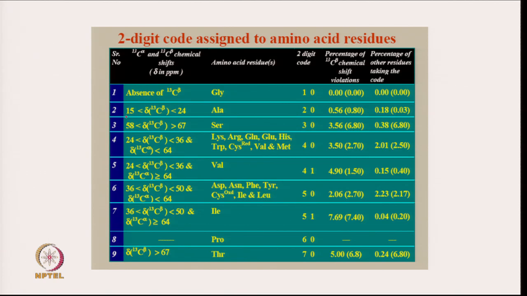These are a few facts which have been seen: the chemical shift of 13C beta varies between 15 to 24 for alanine. This C beta peak will be absent in glycine. For serine, it varies from 58 to 67, and these are a few things which you can use during the assignment.